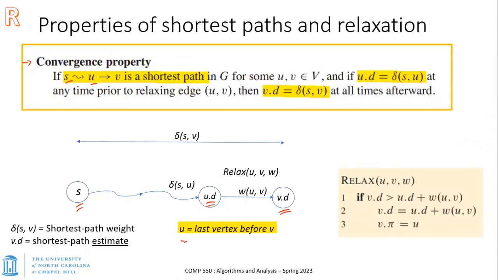There are several conditions before we can say that the estimate to V is, in fact, the shortest path weight to V. It requires a few prerequisites. So that is the convergence property, and now that's going to be used in Dijkstra's proof. If everybody remembers this convergence property, let's go on.